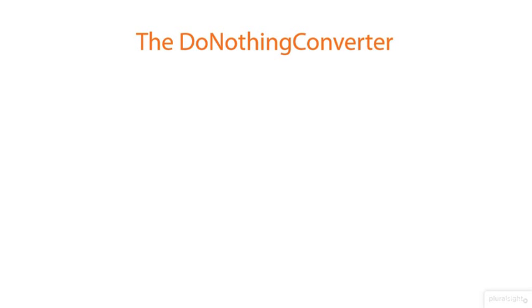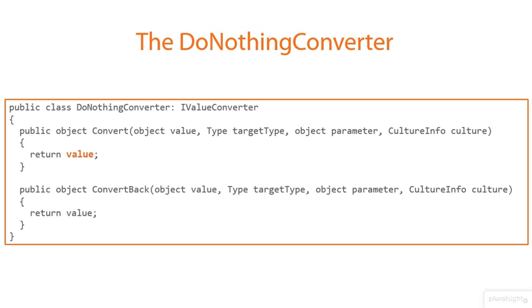Now, what if you want to debug your data binding statements? Some XAML technologies, such as Silverlight, allow us to do exactly that by putting a breakpoint directly in the XAML code. However, others, such as WPF, do not. An often used trick here is to create a converter which simply returns the received value. I call it the do-nothing converter.